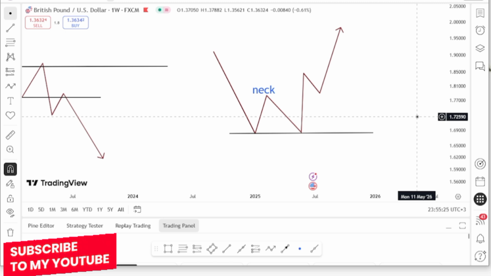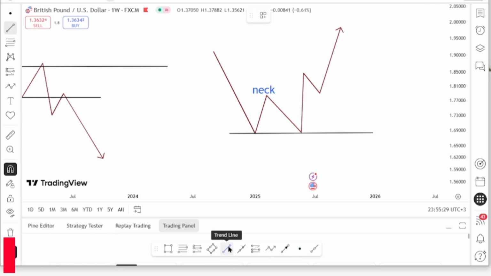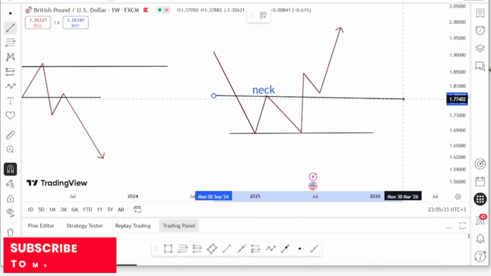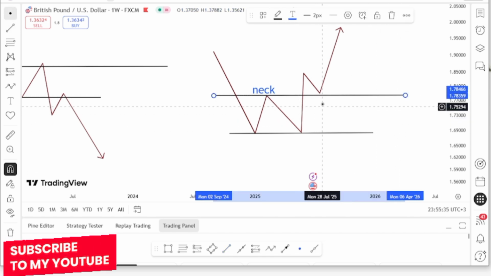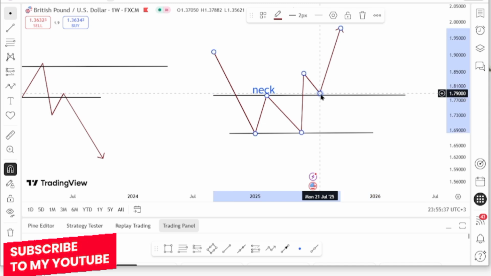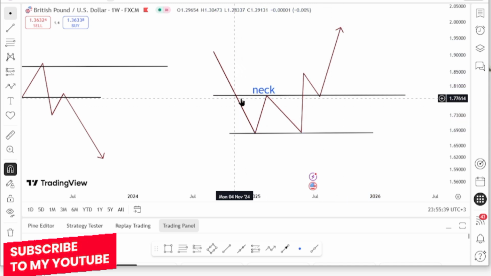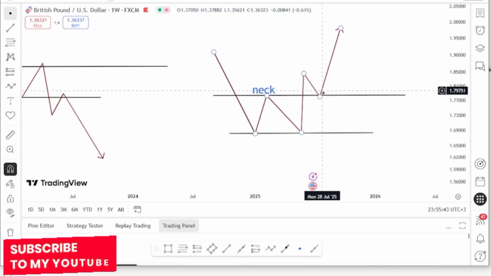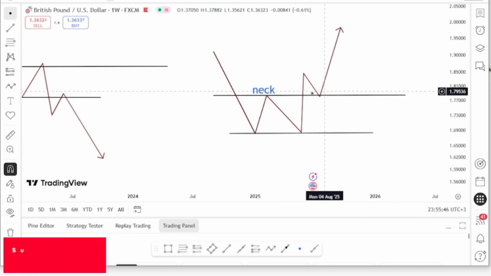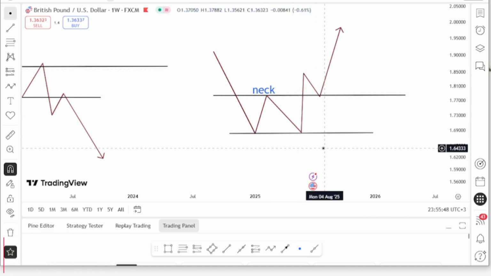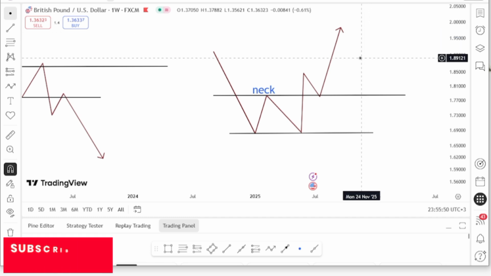To confirm this market, you need this neckline to be broken and the market to retest this neckline area. Then we confirm this market is a buy.